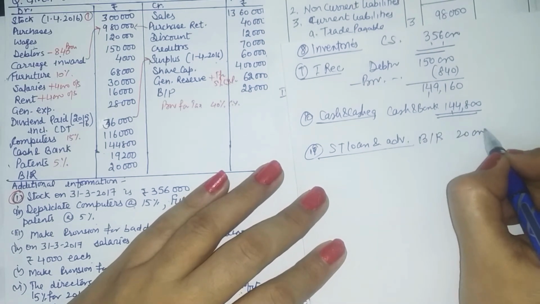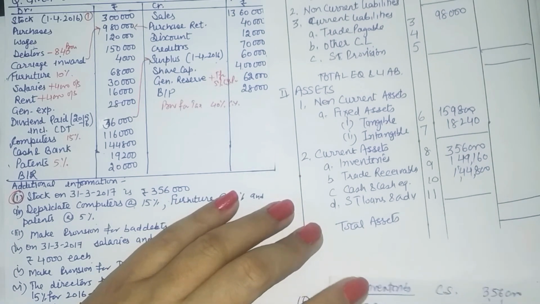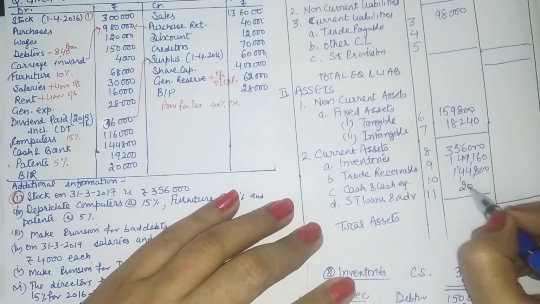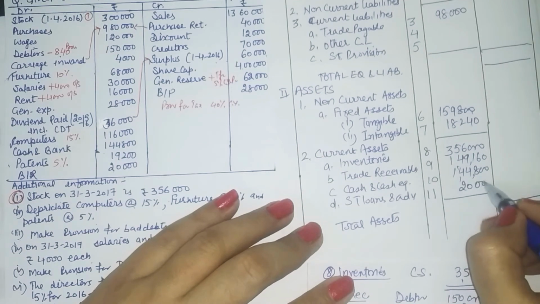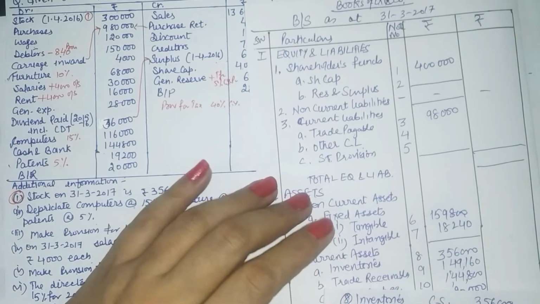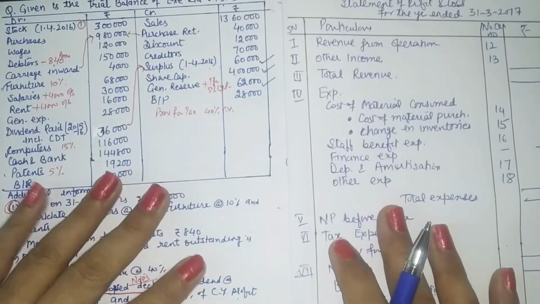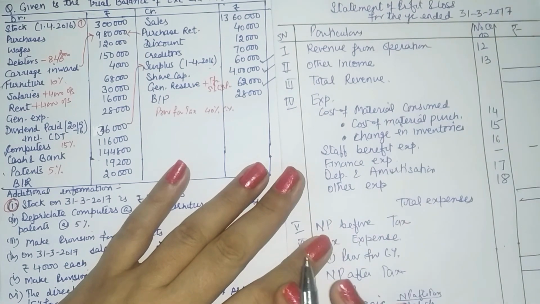So 20,000 of bills receivable, it is 20,000. All right. So the asset side is complete, but in liabilities there are some missing points that we will take up once we have done with the statement of profit and loss.